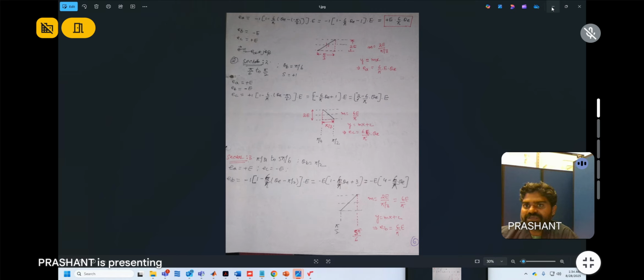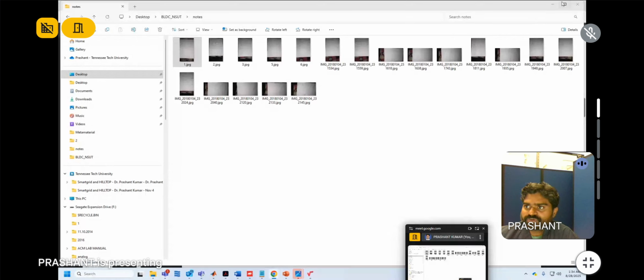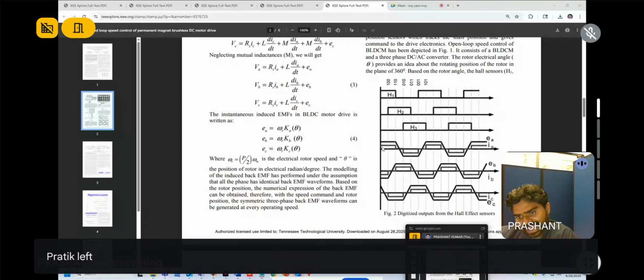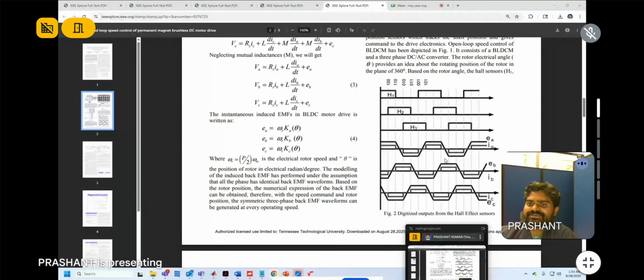And from the relations of y2 minus y1 by y minus y1 and x2 minus x1 by x minus x1, for each sector I have calculated EA, EB, EC, IA, IB, IC. Simple slope equations for each IA, IB, IC for all the 6 sectors: sector 1, sector 2, sector 3, sector 4, sector 5, sector 6.